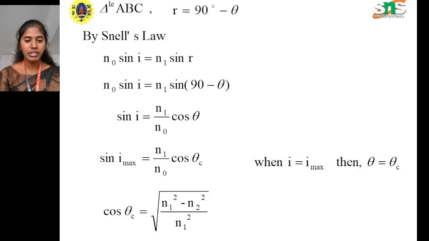So sin I maximum is equal to N1 by N0 cos theta C, where theta C is the critical angle. When I is I max, theta is theta C. Then cos theta C can be written as the square root of N1 square minus N2 square, by N1.